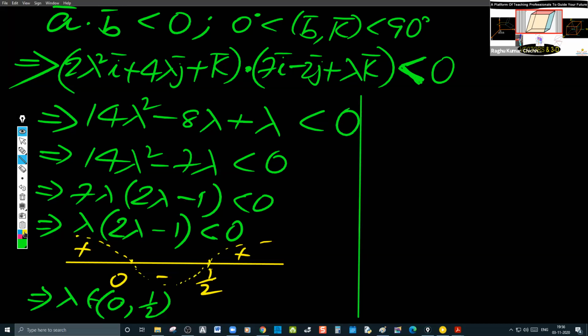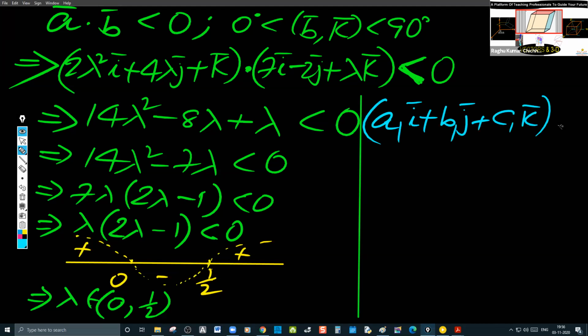whenever you have the dot product like this, in the working rule, what we do, A1I plus B1J plus C1K dot of A2I plus B2J plus C2K, then don't apply the dot product formula.